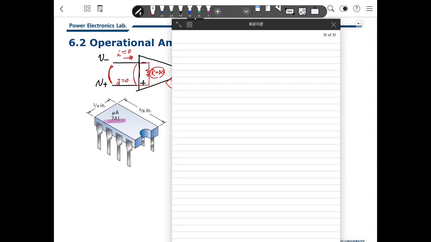We'll redraw the op-amp again. So this is the op-amp here, with the inverting input, the non-inverting input, and the output V out. So we can say this is V minus, V plus, and this is V output. Then this can be redrawn as a model, with V minus and V plus here.